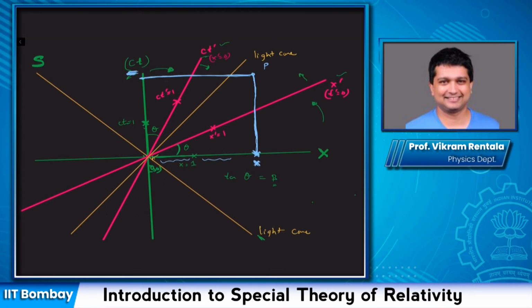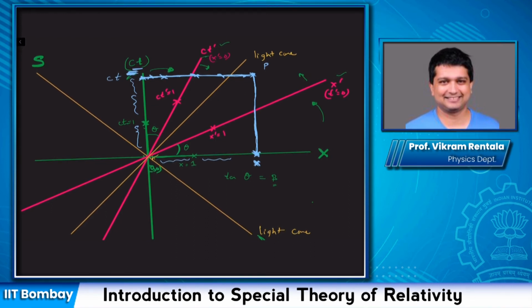So all these points over here have the same time coordinate, and by seeing where we intersect the time axis, and measuring how many unit time intervals we have to cover to get to this point, we can also locate the time coordinate of this point. So this is how we locate the space and time coordinates of P with respect to observer S's coordinates.